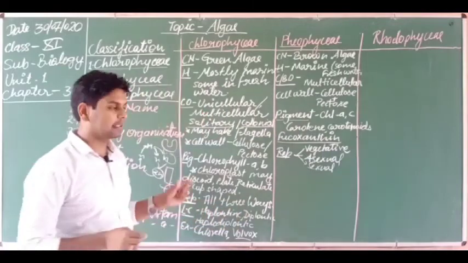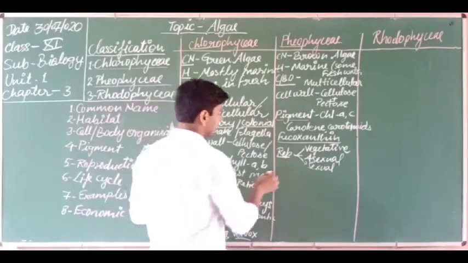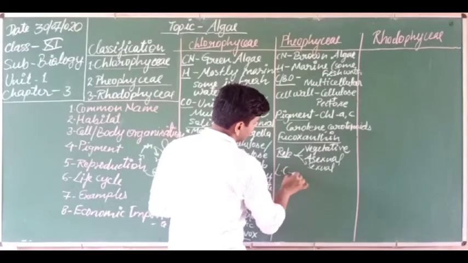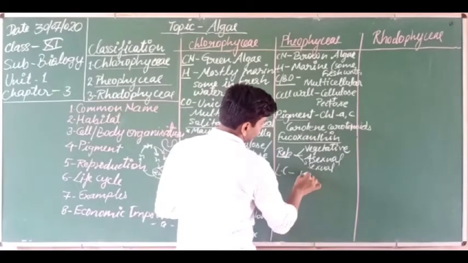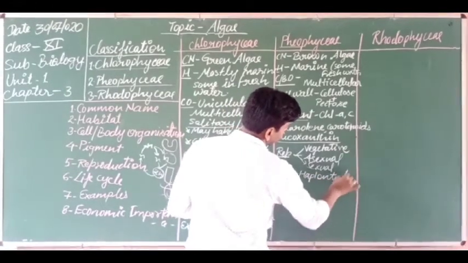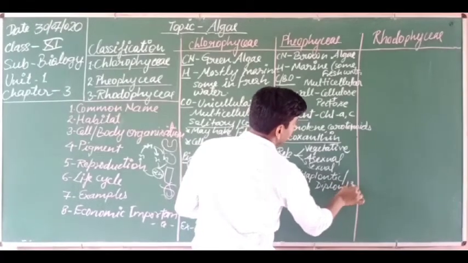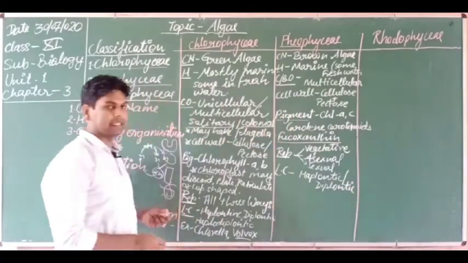Got it? So all three ways of reproduction are found. Next, life cycle. Which type of life cycle is found? Here haplontic and diplontic. Haplontic and diplontic life cycles are present here.